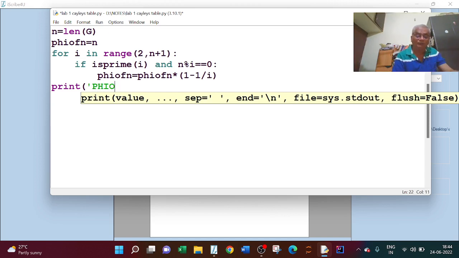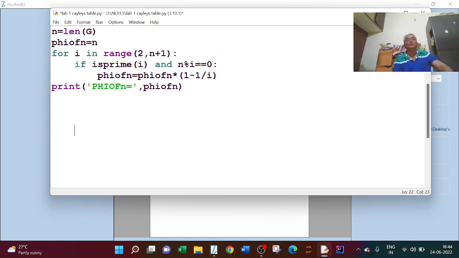Pi of n equal to, close the single quote, put a comma. Here I have to write the variable name, PHIOFN, small. Bracket close. Okay, this is the program. Let me run this program.